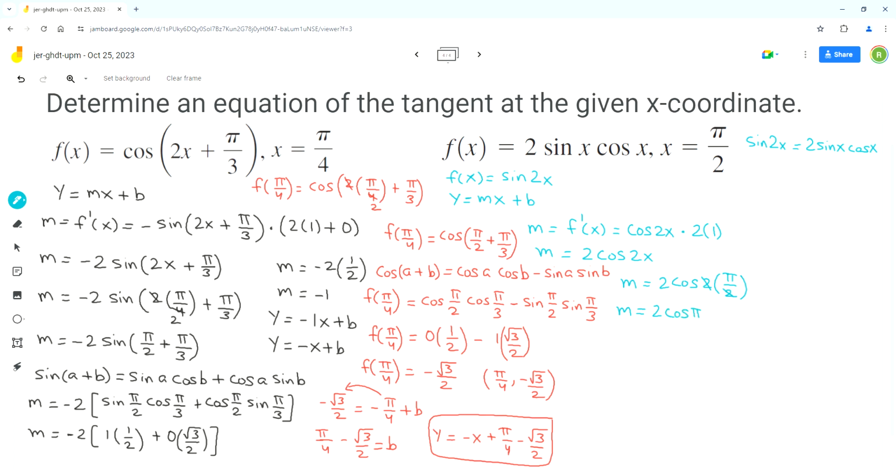And cos pi is equal to -1. So the slope is equal to -2. So now we can sub in the slope value in the equation.